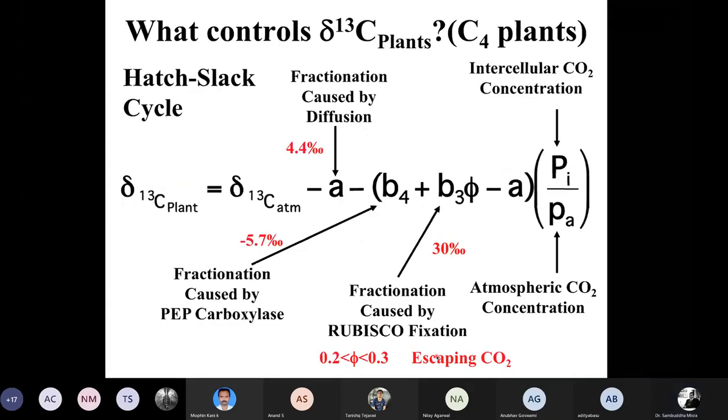And this can be expressed as the following equation, the Farquhar equation, where delta 13C of the plant is that of the atmosphere minus a, which is the diffusion-driven term. Then comes the b4 term, which is caused by the PEP carboxylase cycle, then the term caused by Rubisco fixation. And then there is the Pi minus Pa term, which is the ratio of intercellular CO2 concentration to atmospheric CO2 concentration.